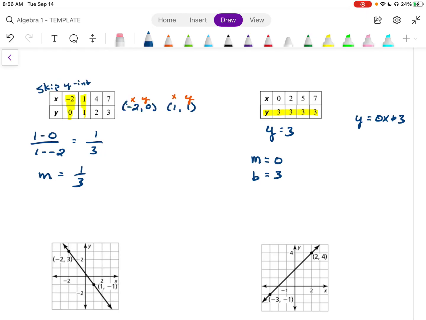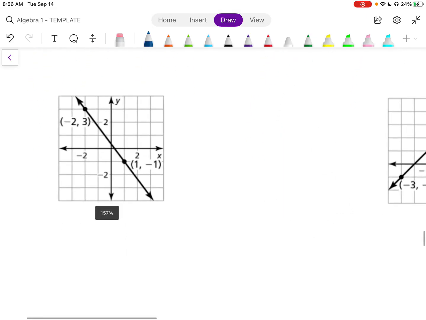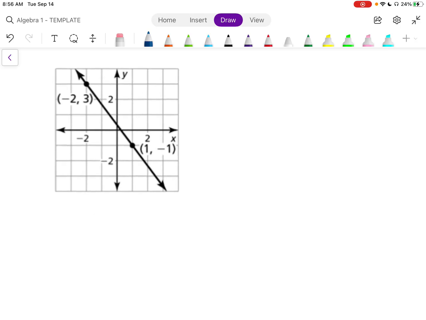All right, let's scroll down and look at the next one. Our slope. I want to find a point. Here's a good point. And the other point that's listed is a good point. So I'm going to have to find my m using that. I'm going to do rise over run. We know this is a decreasing function, so I'm going to be going down 1, 2, 3, 4.